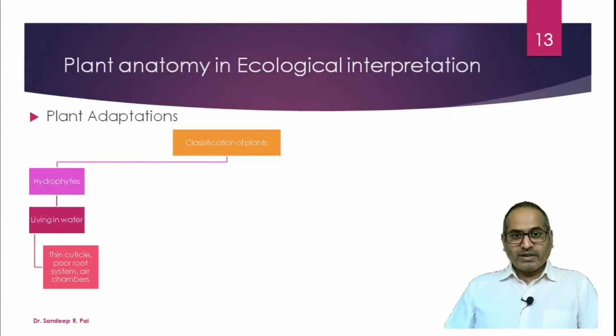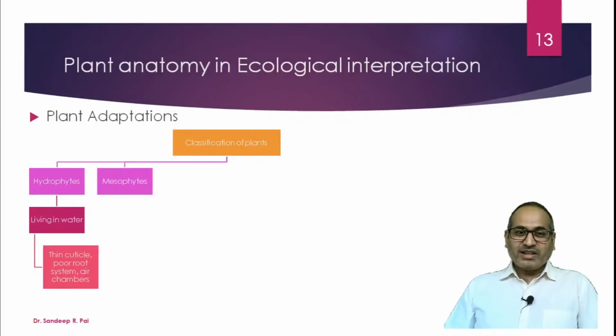They have a thin cuticle, poor root system, and their stem and leaves have air chambers in them. When you take a section, you are looking into plant anatomy, and you will find air chambers. This is how you apply plant anatomy in identifying a hydrophyte. That is the ecological interpretation for a hydrophyte.